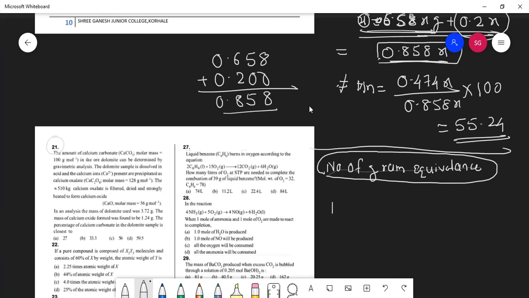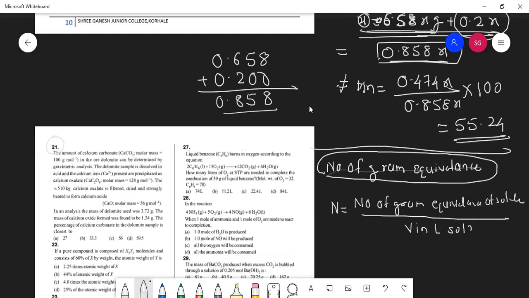Can you tell me the normality formula? Number of gram equivalence of solute upon volume in liter of solution. Is it correct?